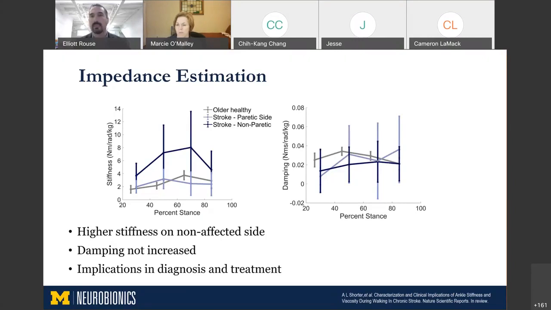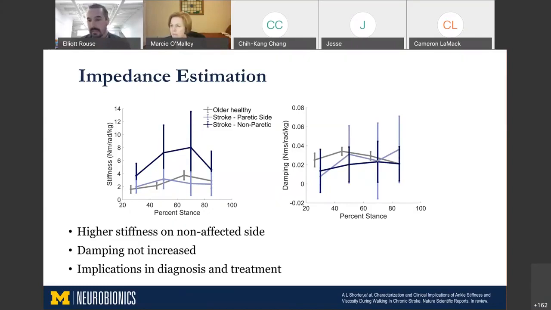And those measurements would, in the history of the literature, say that we should see increased stiffness and increased damping on the paretic side, but we actually don't see that. We see no increase in damping at all, and no increase in stiffness on the affected side, where we do see a large increase on the non-affected side.